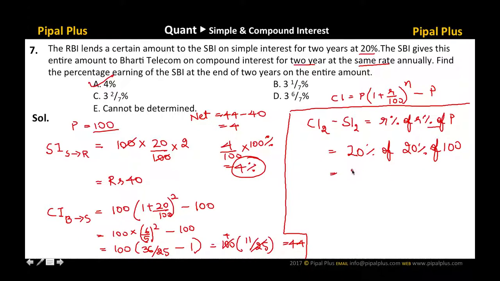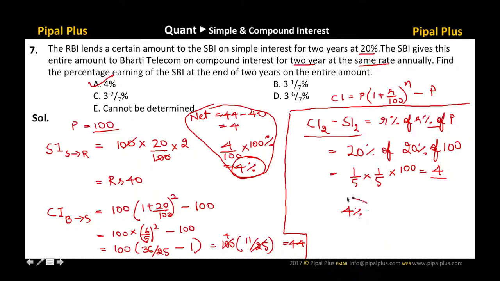So this is 4 for the 100, right? So this difference on a 100 rupees principal is 4 rupees. So again, we get to this computation, this part that we've done earlier. So earning 4 rupees on a principal of 100 rupees is 4%.